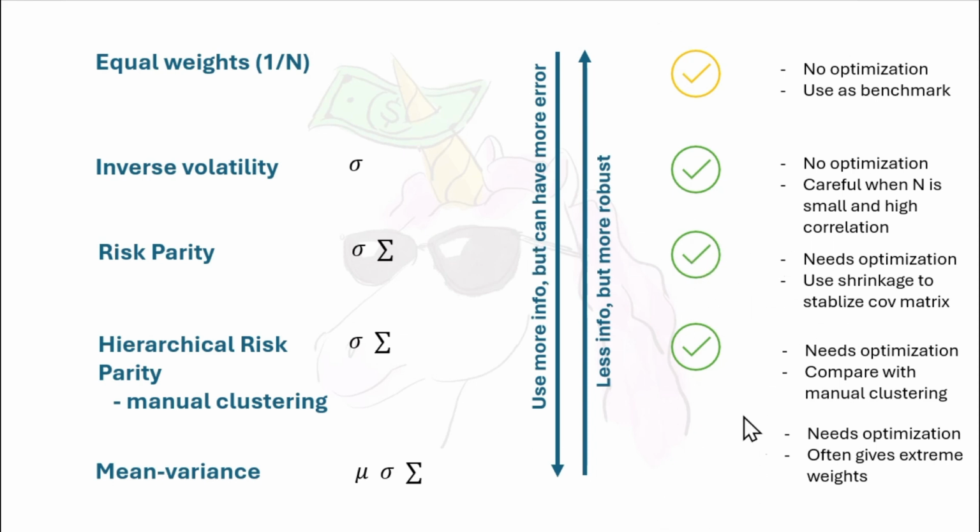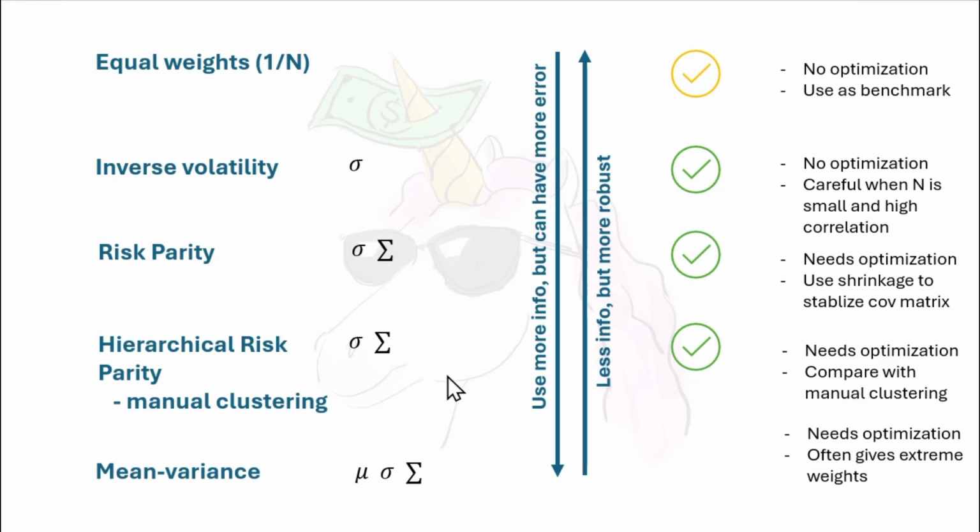So this is something to keep in mind. Also, the computational complexity increases, let's say, from equal weights to inverse volatility to risk parity to hierarchical risk parity. If that's your concern, also keep that in mind.